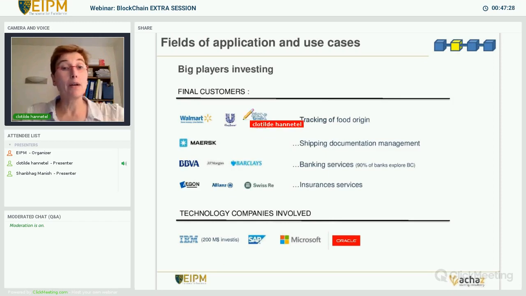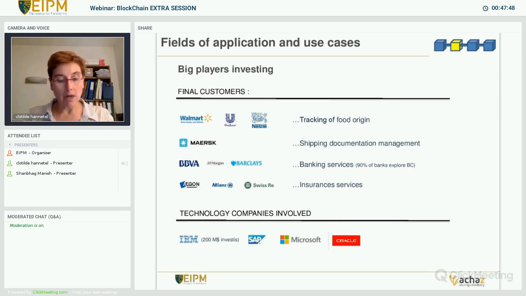For example, in the FMCG sector, you've got a Walmart that is working on a use case about the traceability of the pork along the supply chain. Unilever and Nestle are working on similar use cases as well.